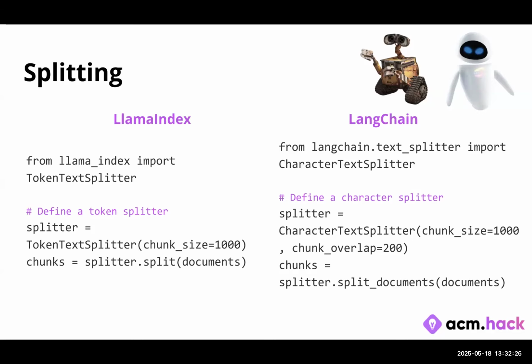LlamaIndex automatically does that for you, but for LangChain, you have to manually do it. What a chunk overlap is, for an LLM, it needs to have context for each split. So you want your splits to overlap with each other so that your LLM can have context. And then it's basically the same process though.